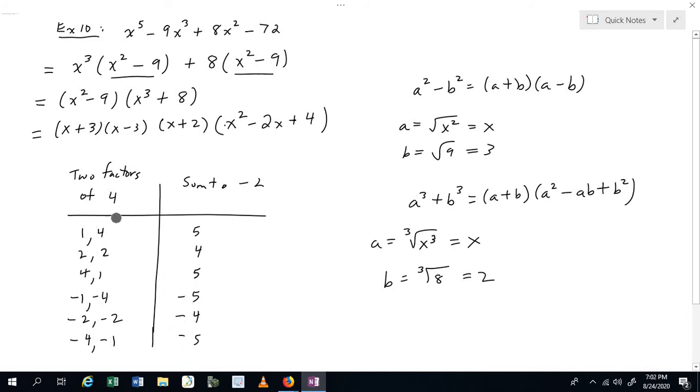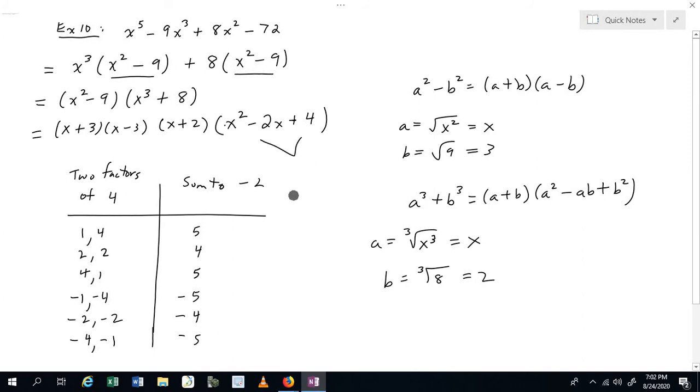And so we have exhausted all the possible factors of 4. And then none of these sum up to negative 2. And so if that happens, then that means this trinomial does not factor. Okay, if you've exhausted all the possible factors here and none of them sum up to the middle term, then your trinomial does not factor.